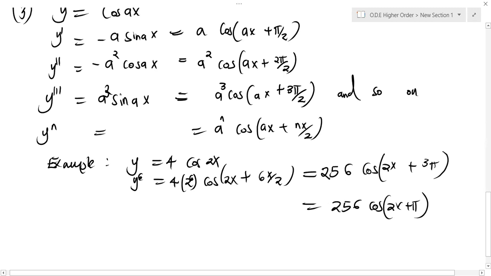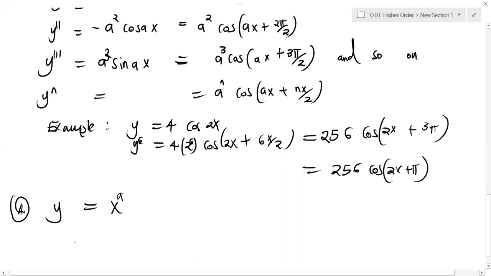Let's take up y as now algebraic. Let's have our y being equal to x^a. So if y is x^a, then how do we go about this? What's our y prime? Our y prime will be equal to a x^(a-1).